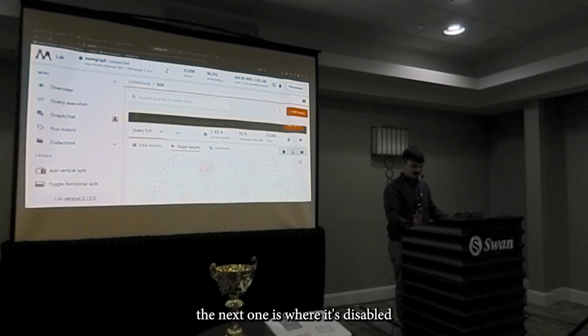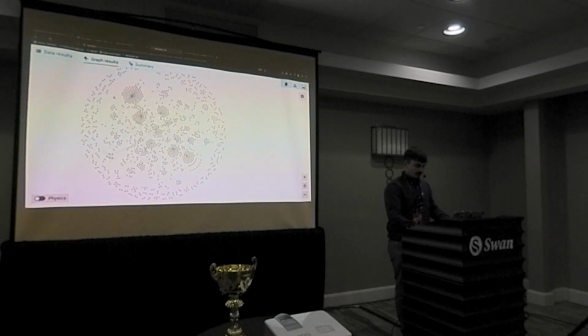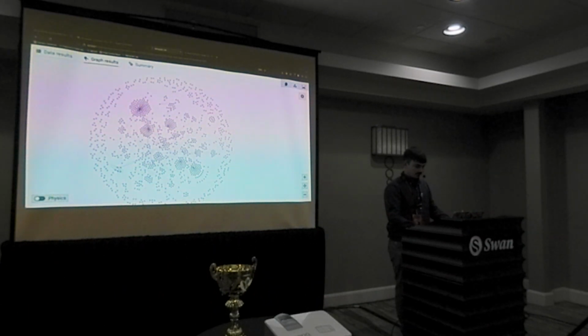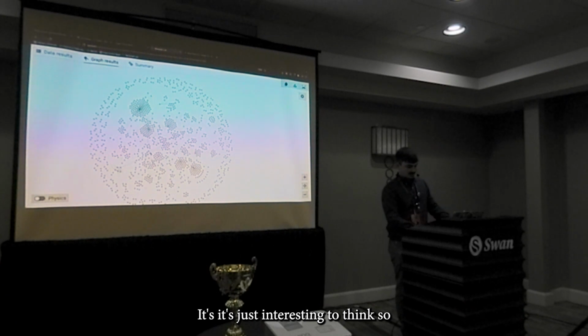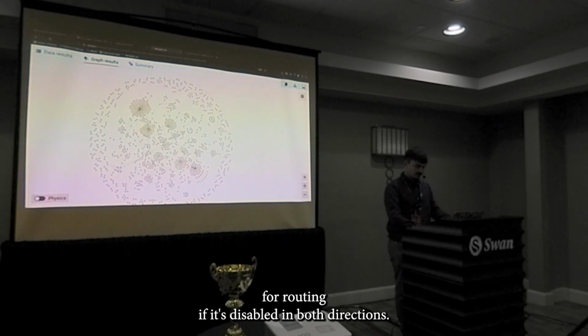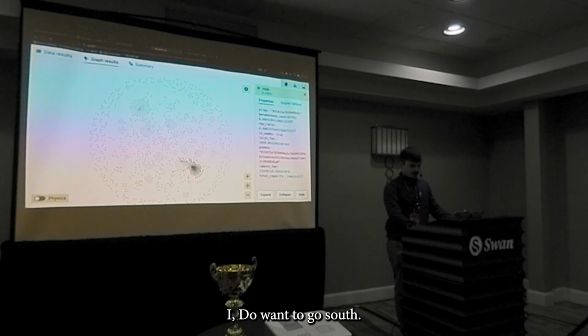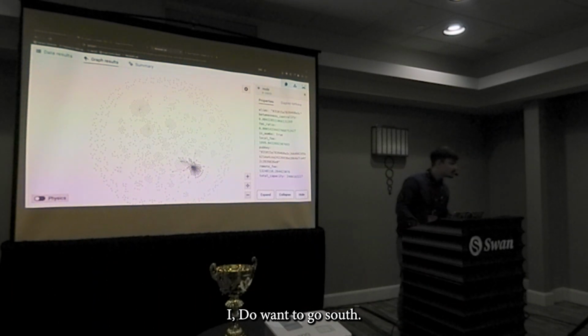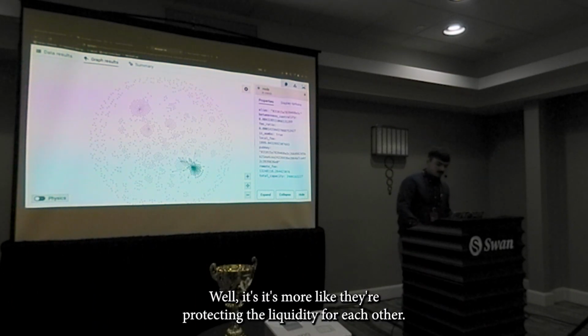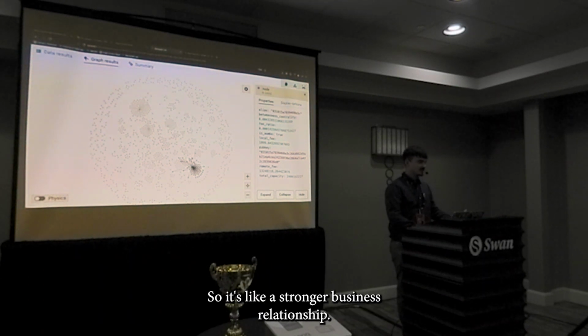The next one is where it's disabled in both directions. So it's just interesting to think, this channel is definitely not being used for routing if it's disabled in both directions. And it might represent, well, it's more like they're protecting the liquidity for each other, so it's like a stronger business relationship.